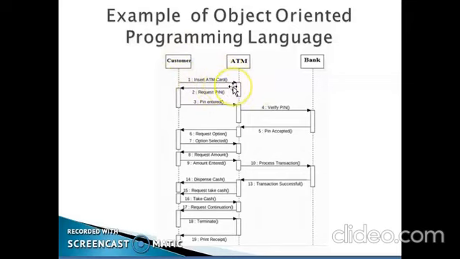Insert ATM card. This function accepts the ATM card and validates whether the card is valid or not. I cannot take my PAN card or Aadhaar card and insert it in the ATM machine, right? So the ATM card has to be validated.